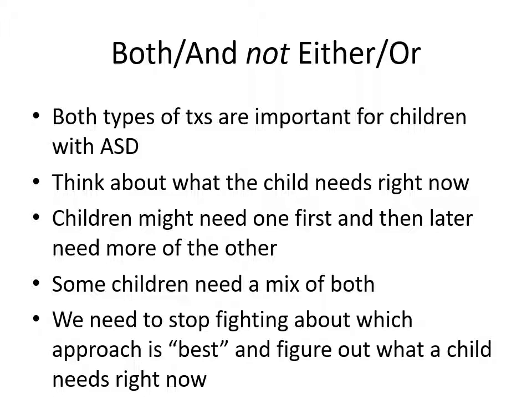They might need a mix of both treatments, so maybe they're in a verbal behavior classroom at school, but the SLP is going to use a social interactionist developmental relationship-based treatment to broaden that child's abilities and help the child generalize or address some social skills that maybe aren't targeted as well in their verbal behavior program. So what we want to do is consider what the child needs right now and continue to revisit the question of which treatment approach might be best for them at this time.